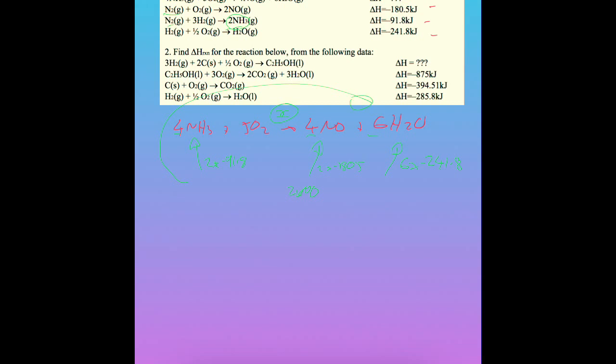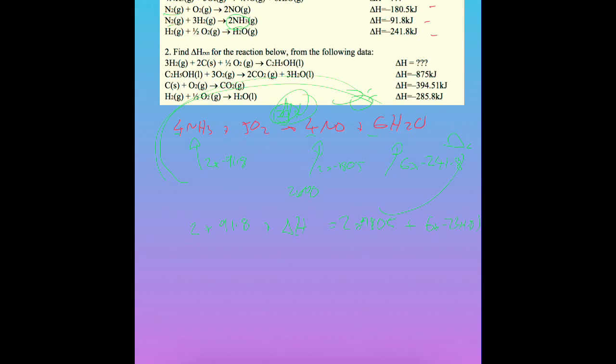Okay, so I can follow the arrows. So this side equals this side, and I can solve and I can say that 2 times 91.8 plus delta H, which is what we're after, going around this way, is going to equal our 2 times minus 180.5 plus 6 times minus 241.8.